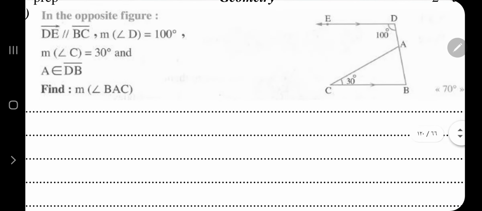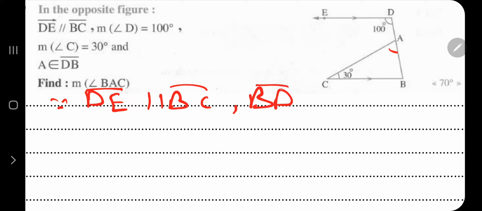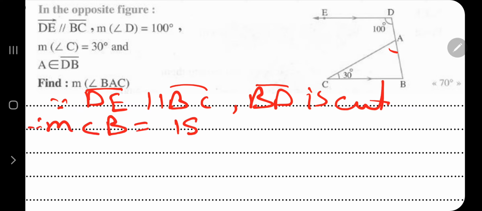Another example. Find the measure of angle BAC. Since DE is parallel to BC and BD is a transversal, that means the measure of angle B equals 180 minus 100, equal to 80, supplementary angles.